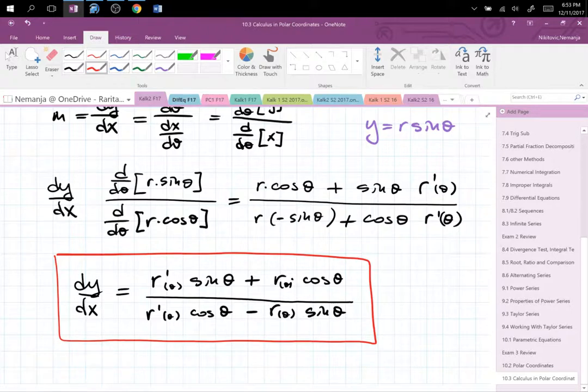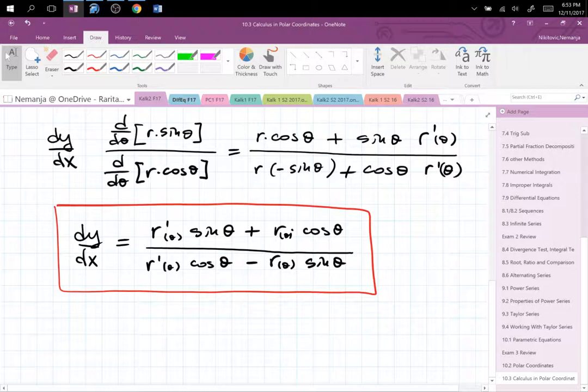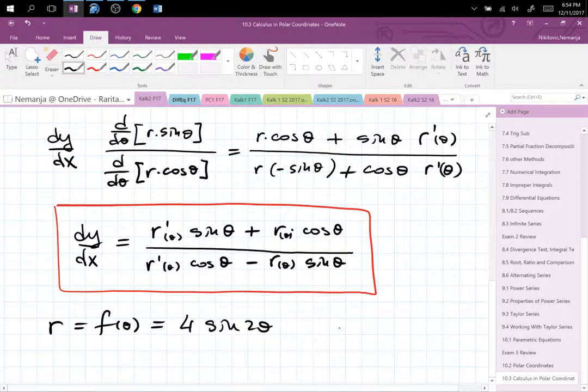So now, if you are given that your r, which is f of theta, is equal to 4 sine 2 theta, you want to find the tangent line at, say, give me a value in terms of radians.